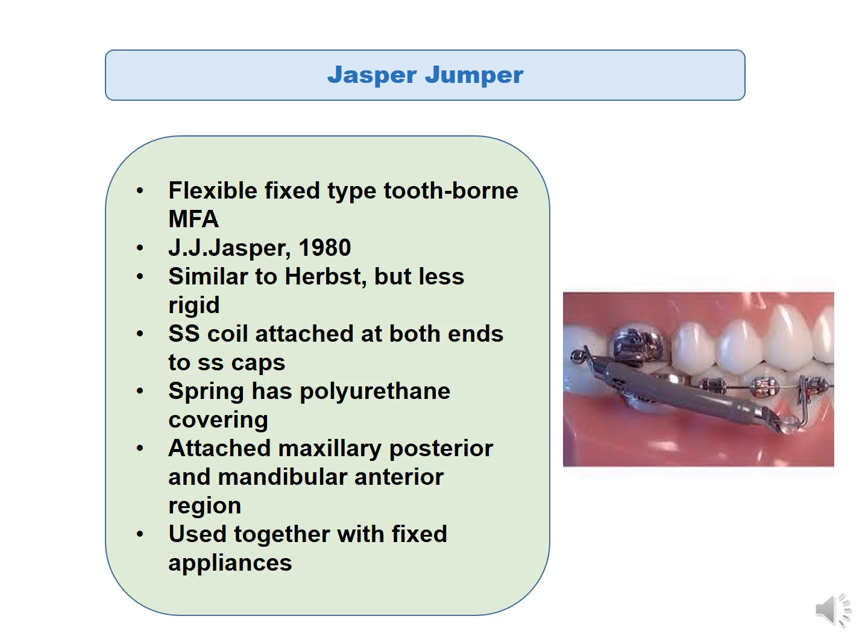The spring has a polyurethane covering for comfort and oral hygiene. It's attached to the maxillary posterior region and to the mandibular anterior region, and is usually used together with fixed appliances.